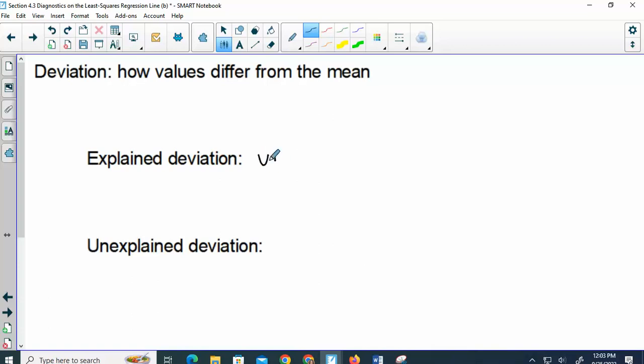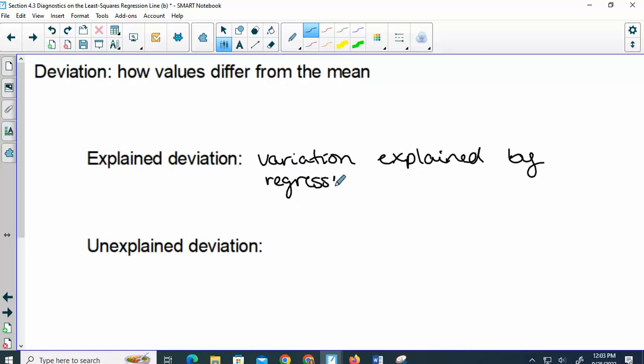Explained deviation is the variation that is explained by the regression line. Different points on the line, we expect them to not all be the same. Unexplained is other factors.